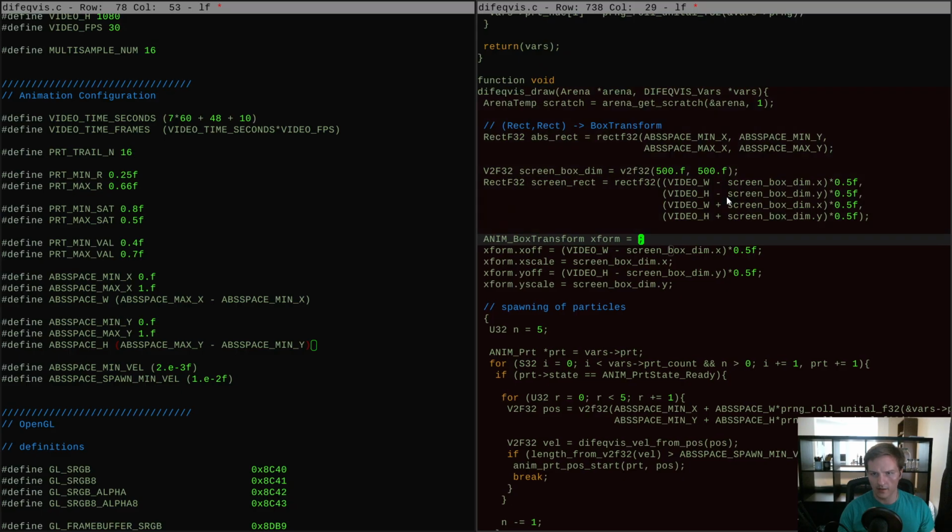Let's do this calculation real quick. So this will be what? Box transform from rect, abs rect, screen rect.